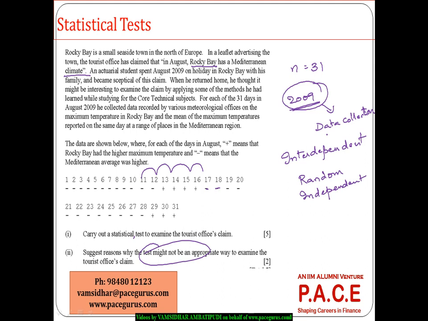And the locations where the data has been collected are very much important. The claim was talking of a Mediterranean climate. It need not be with respect to temperatures alone. It could be with respect to rainfall, humidity, or various other factors.